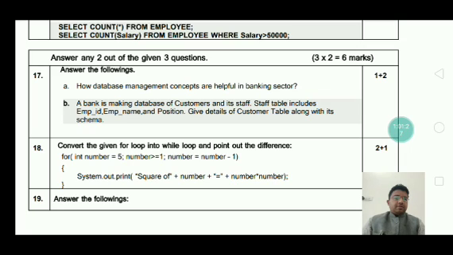You have to increase your variable value. Next you have to close it, and before the while condition you have to initialize the variable. But in case of for loop we can initialize the value within the parenthesis along with the for loop at the same line. Next comes question number 19.